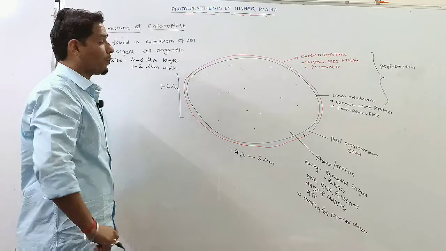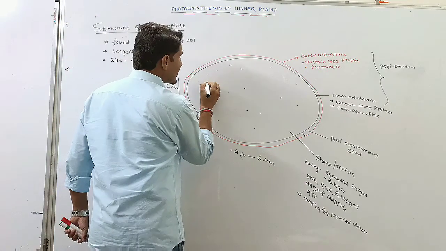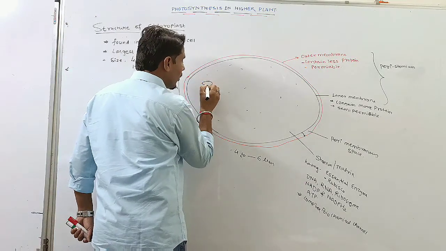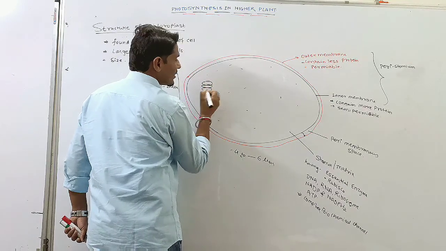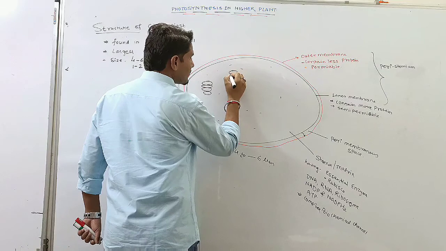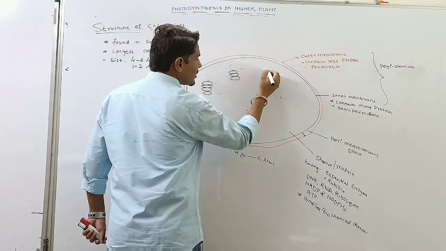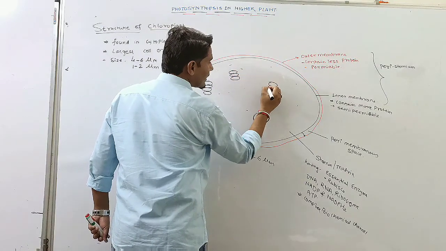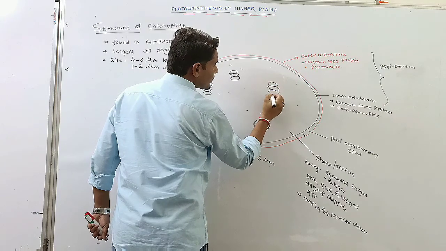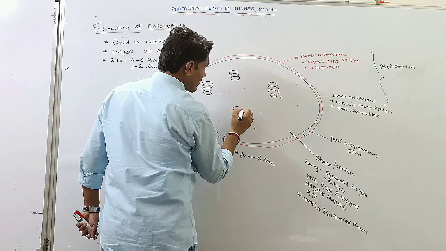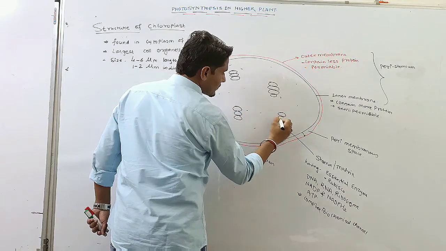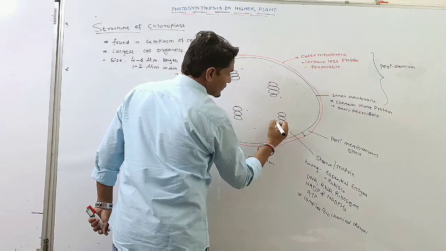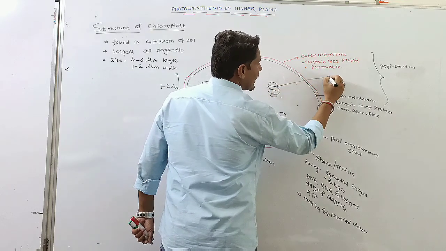So in the stroma there are circular or oval coin-like structures stacked on each other. That structure is called grana. Okay? So this is grana.